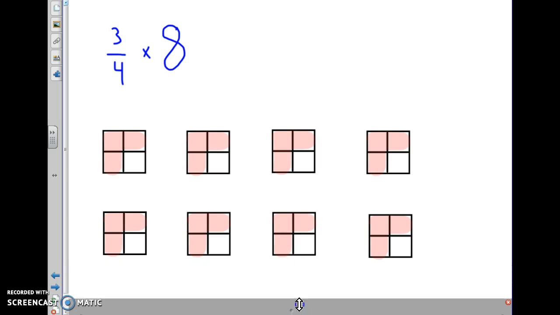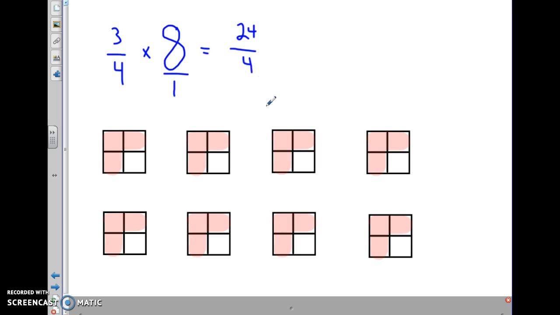So, if I made this 8 into 8 over 1, right, and I multiply it across, I'd have 3 times 8 is 24, and 4 times 1 is 4, right?